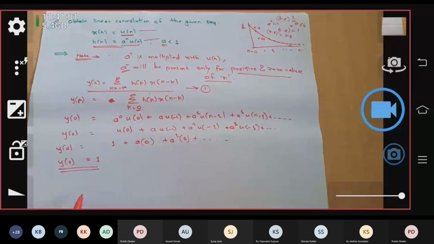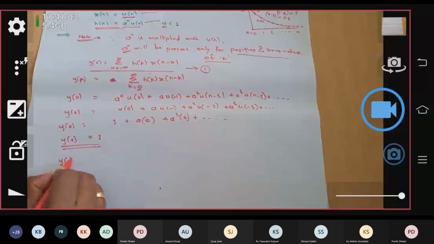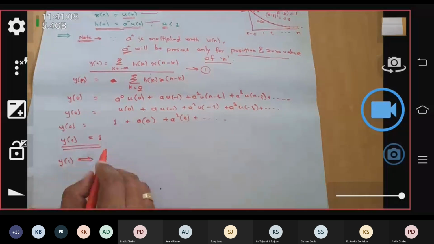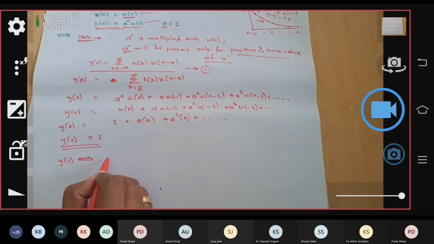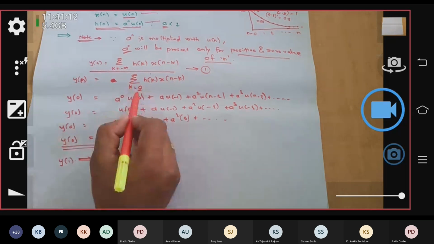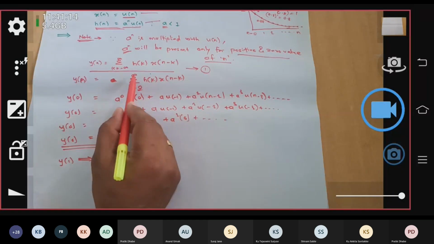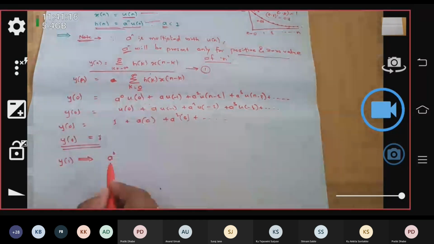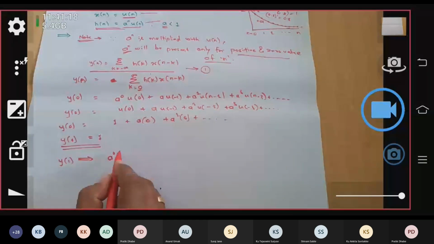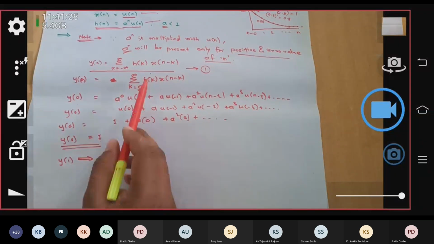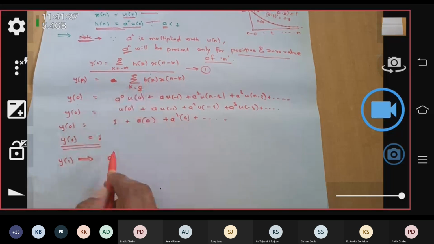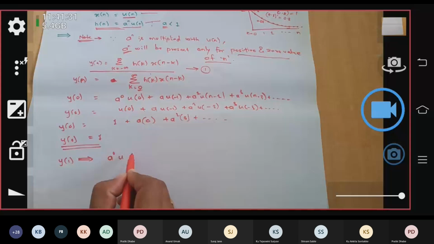Similarly, now we will try to find y of 1. What will be y of 1? y of 1 will be a raised to 0. Why? Because I will need to substitute the values of k from 0 to infinity in every case. What is h of k? h of k is a raised to k, and in place of k I have substituted now 0. This is multiplied with u of n minus k.